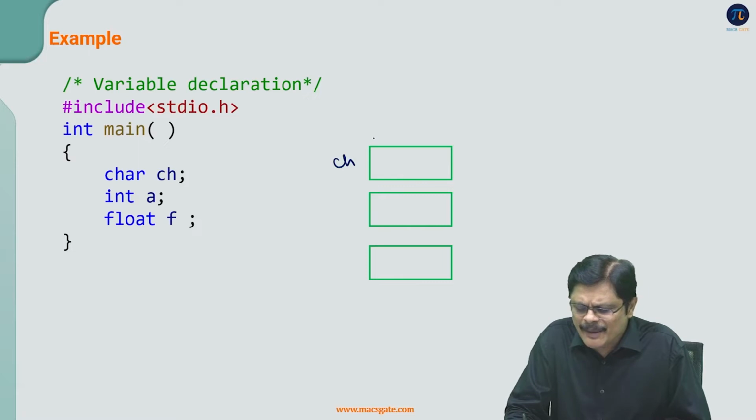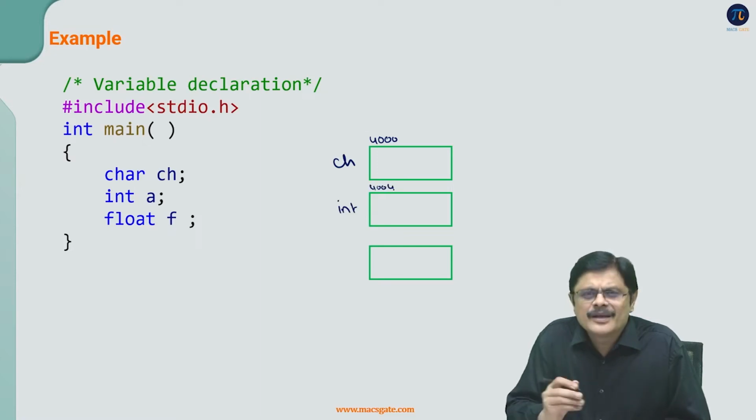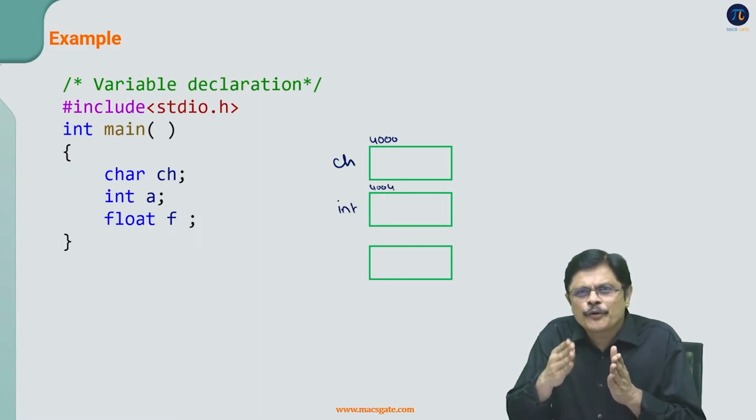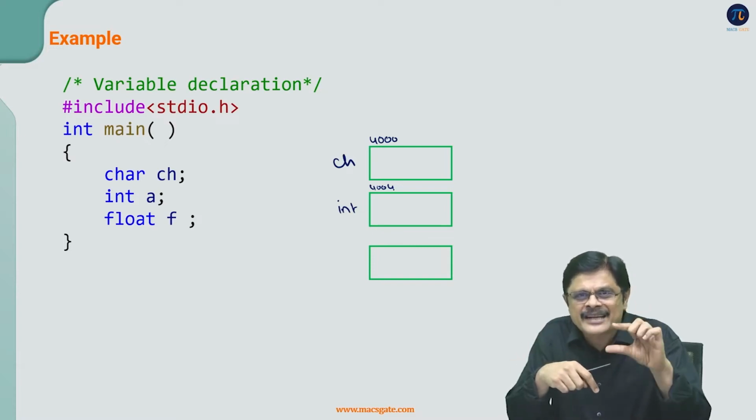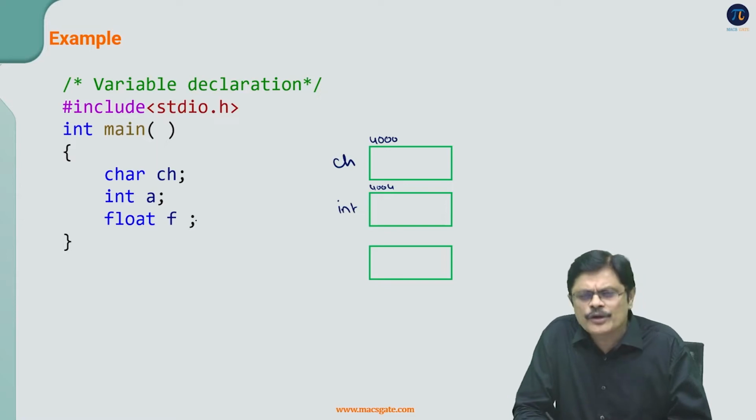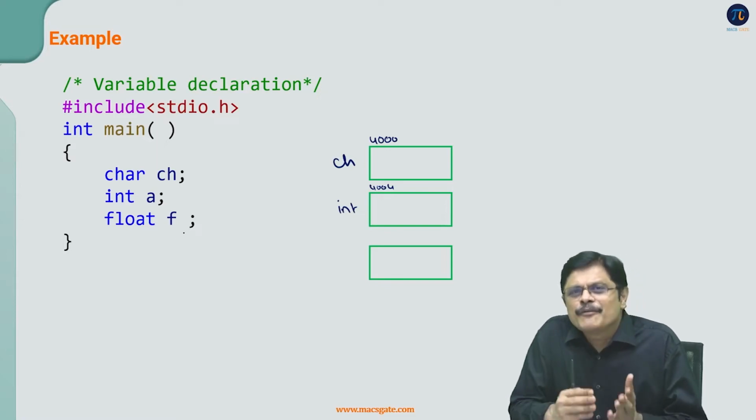For example, character may be allocated a memory, say 4000. Then the integer may be allocated the address 4004. 4004 means 4004, 4005, 4006, 4007, but the first memory location address is the address of the variable. Then float is again 4 bytes.